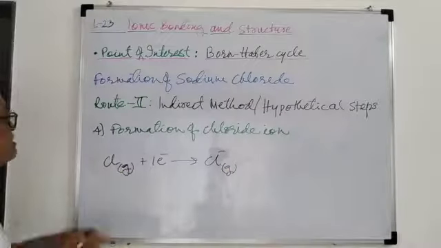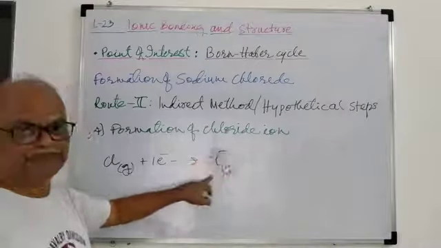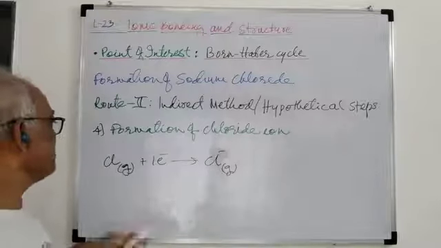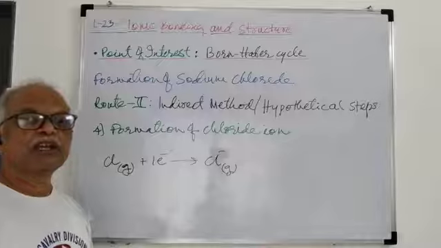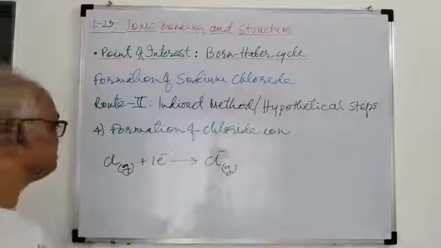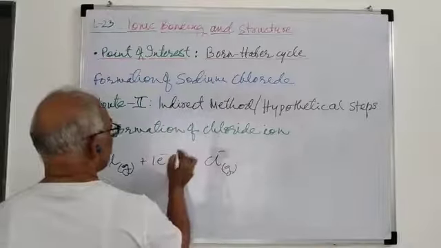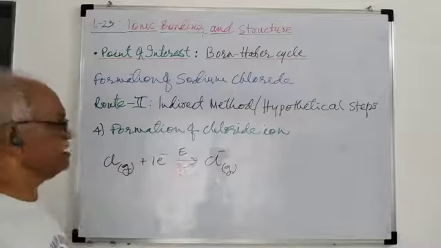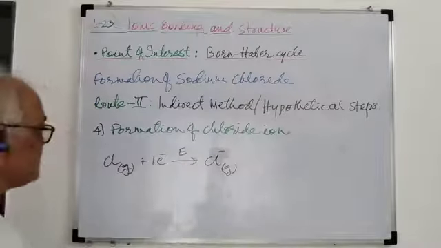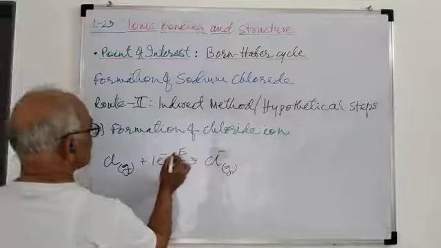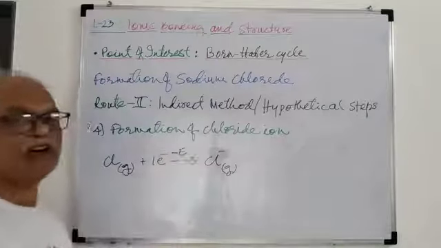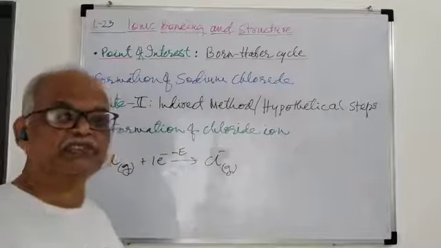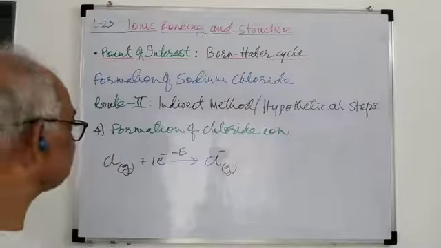So this is the formation of chloride ion. This formation of chloride ion takes place with the evolution of energy, and that is called electron affinity, and we represent it with E. The symbol is E and its sign is negative because energy is evolved, that is lost during this process.